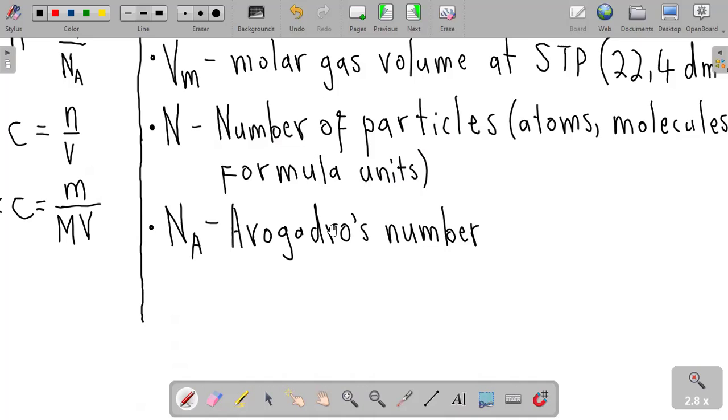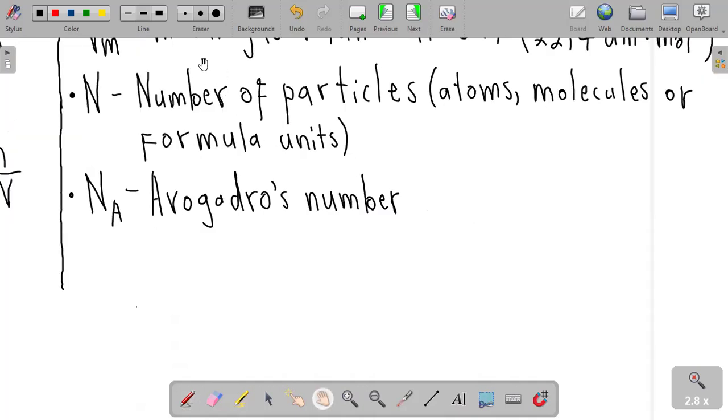It's a constant, and I will give you the definition shortly. So the constant is 6.02 multiplied by 10 exponent 23.